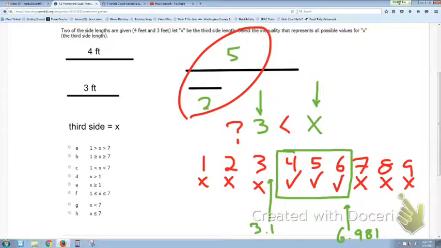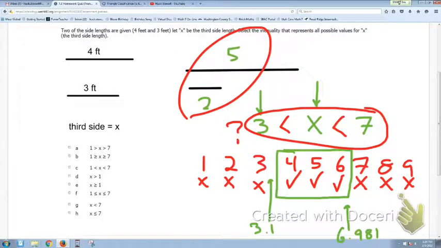Except it couldn't necessarily be anything bigger than 3, because I've also got this point here, 7, where it couldn't be 7 or bigger, so I would also say x has to be smaller than 7. So as I'm looking at this inequality, this is telling me that x, the third side length, could be any number as long as it's between 3 and 7, but not equal to 3 or 7, right?